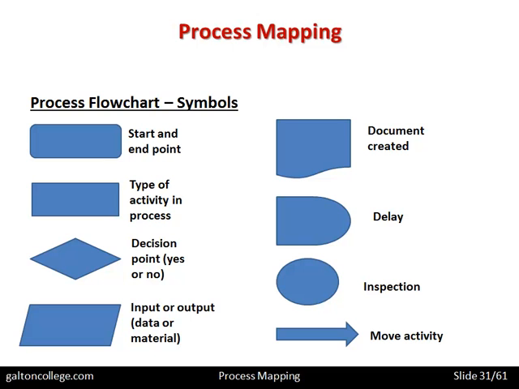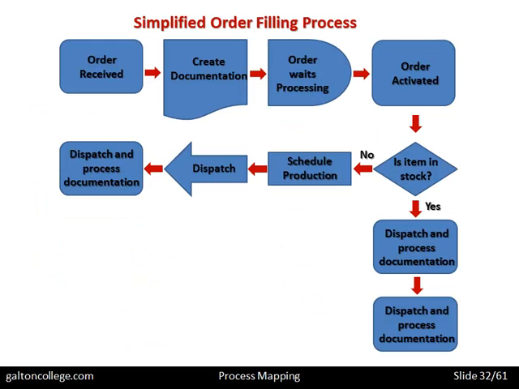So if we looked at how these fit together in a basic process map, we might see something like this. On the top, we have the order received, we create the document, order waits processing, the order is activated on the top right hand corner. Then it comes down and there's a decision point. Is the item in stock?